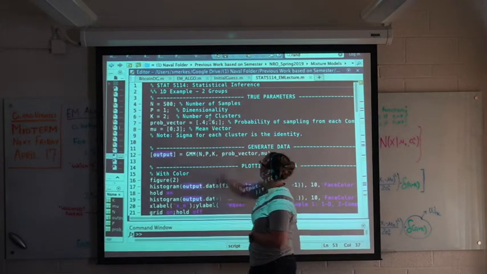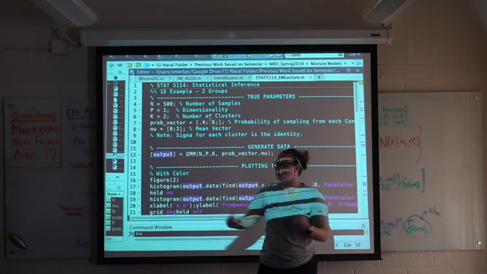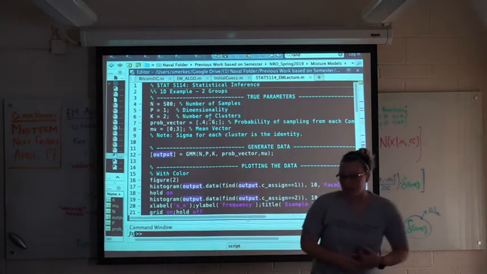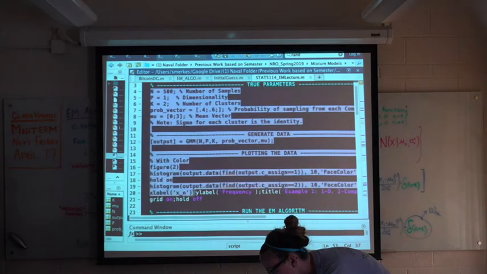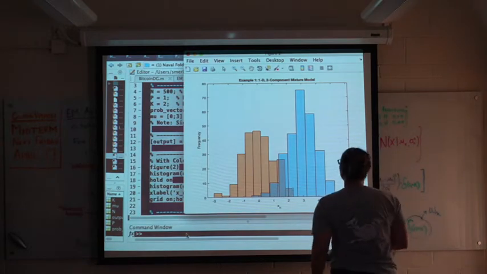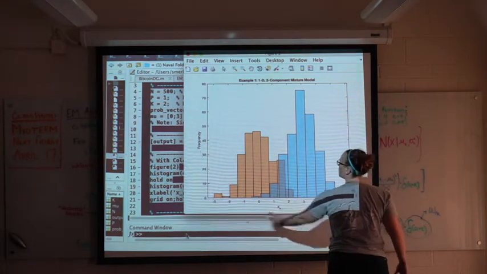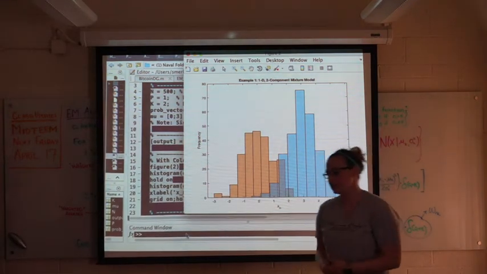We're going to have 0.4 and 0.6, and then we're going to have our mean at 0 and 3. So let's just generate some of that data and see what it looks like. Boom. And so here we have one cluster at 3 and one at 0. The sigma, or the variance, is 1.